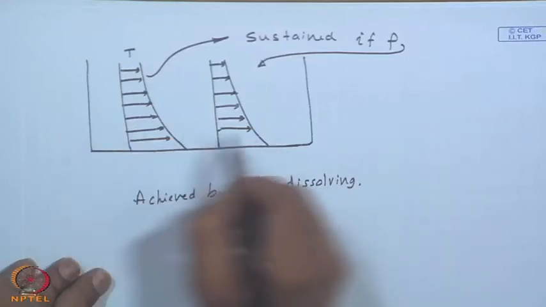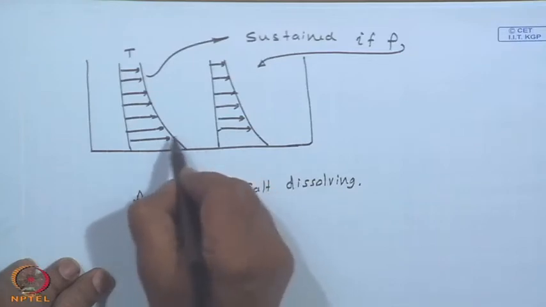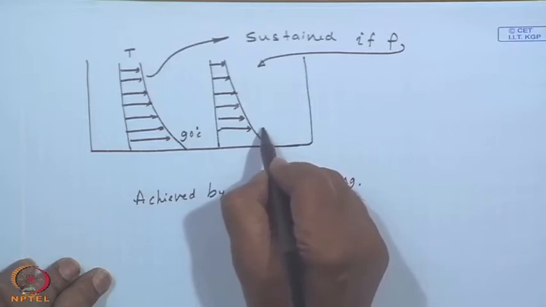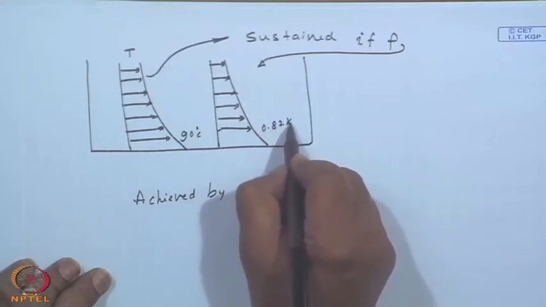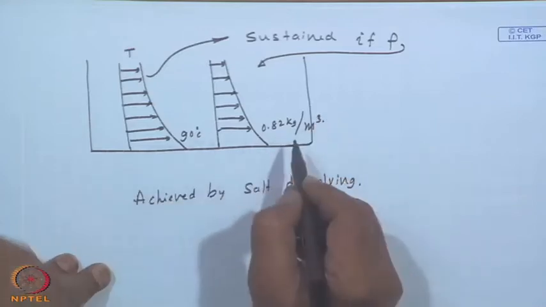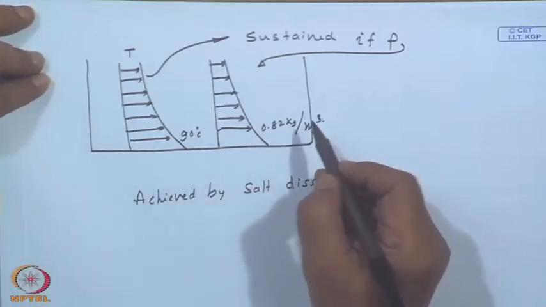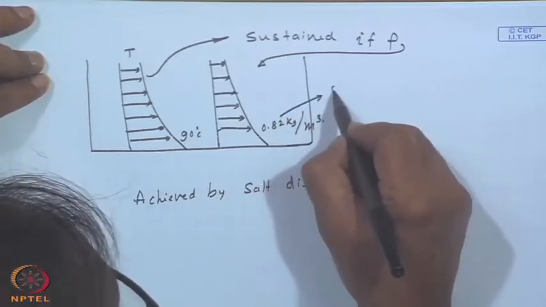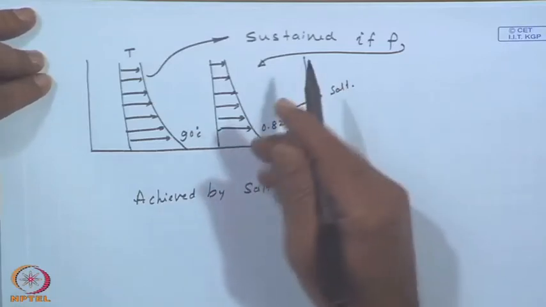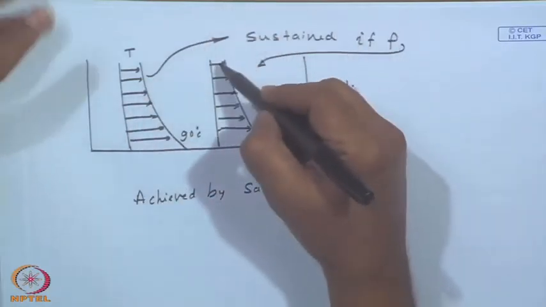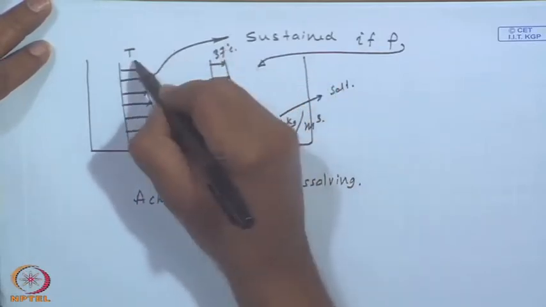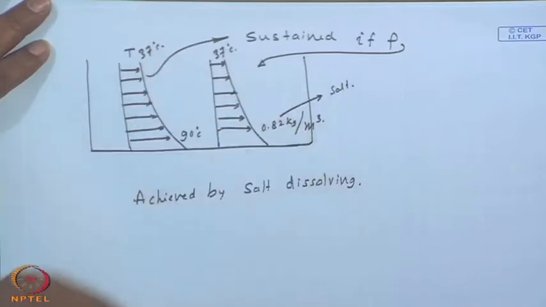So, this will be at let us say 90 degrees C, and I add 0.82 kg per meter cube. So, this layer will have 0.82 kg of salt per meter cube at 90 degrees, which makes the density higher than what it is at let us say 37 degrees C. Sorry, this is 37 degrees C. Okay.